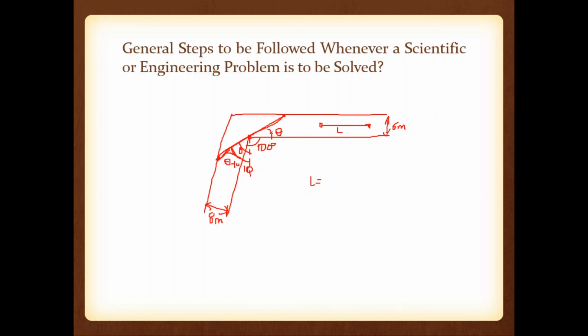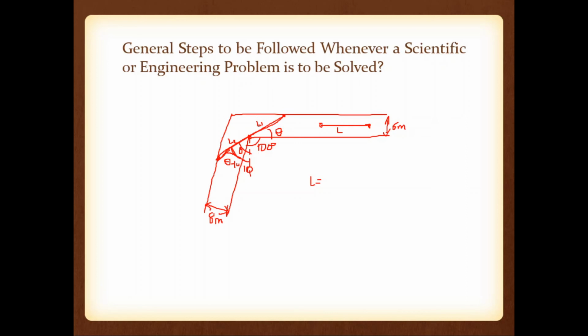Now I told you the length of this ladder is L. We can split the length into two. From this point to this point we consider it as L1, then from this point to this point as L2. So what is L1? You can see that this is 6 meters, and this is theta.